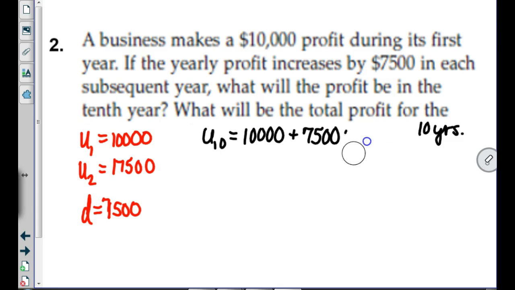Yeah, can't write it that way. So by the 10th year, your business is making $77,500 profit. But that's just for that 1 year. We need the total for all 10 years as well.